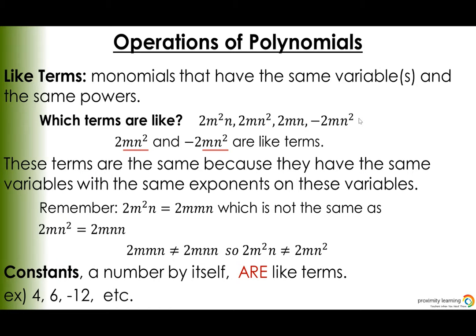Whenever you deal with polynomials, you've got two pieces. Like terms, which is a monomial, or a one-piece coefficient or one-piece number with a variable, such as 2m squared n, or 2mn squared, or negative 2mn squared.